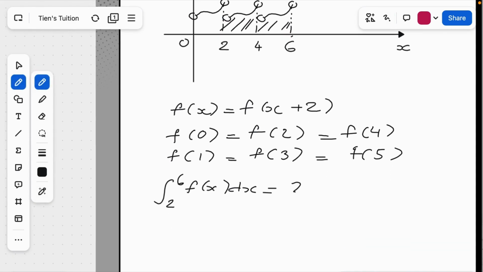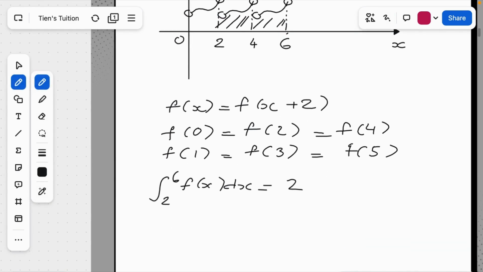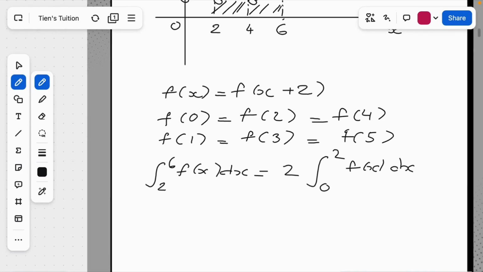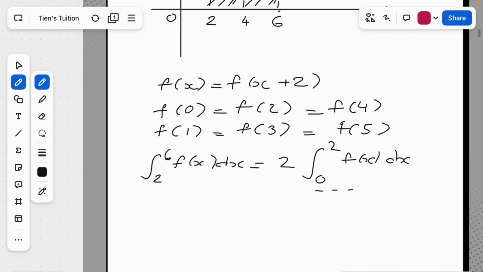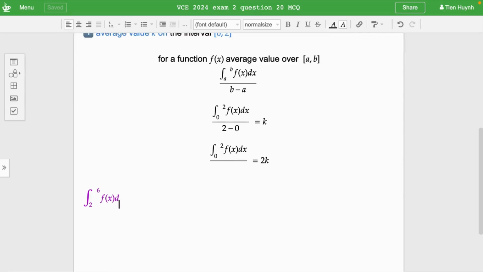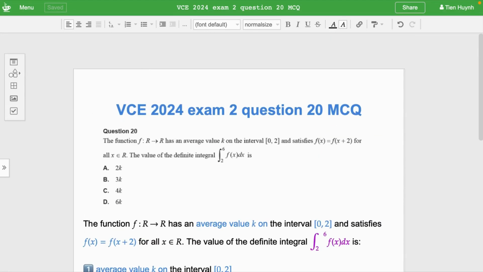So it would be twice the integral from 0 to 2 of f of x dx. And previously we know that this value is 2k, and therefore our final answer will be 2 times 2k, and that will be 4k, and thus the answer will be C.